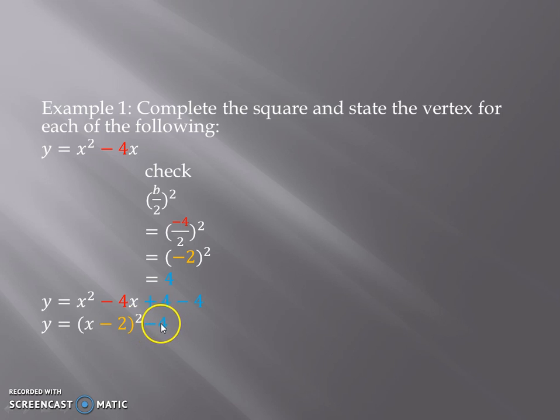In this case, k is negative 4. And you may be asking yourself, is that why we went through all of that just to find this number? Yes. You see, we do the check to find all the numbers that go into here. That's basically what the check is for.